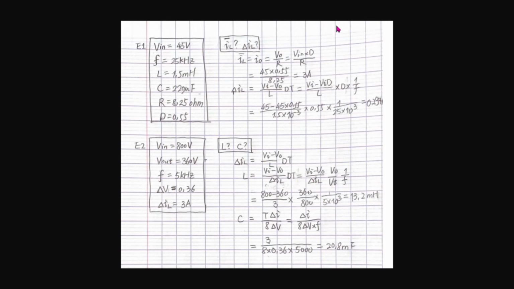Now we have three important formulas to remember. We can start to do our exercises. The first one has conditions below. V in equals 45 volts. Frequency is 25 kilohertz. The inductor is 1.5 millihenry.